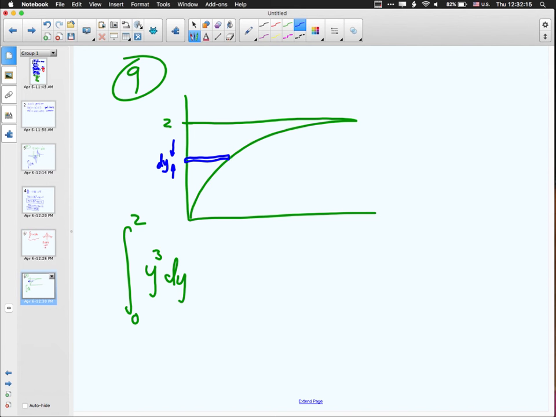And then the length of this thing is what? I mean, yes, it's y cubed, but how are we getting that? What might we call this point?